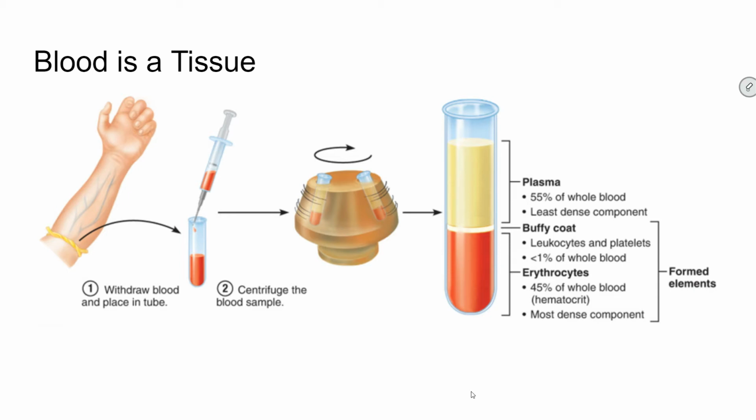In that plasma, there can be as many as 100 other dissolved solutes: nutrients, gases, hormones, waste, protein, other inorganic ions like calcium, sodium, chlorine, all those different things that are going on in your blood. Proteins are probably the most abundant solute in the blood because the proteins actually regulate the pH of the blood, and so forth.